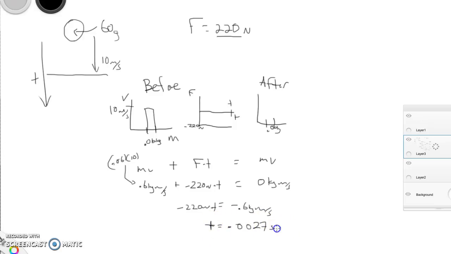So if an egg is in a collision that lasts longer than 0.0027 seconds, then it will survive. If that collision that the egg experiences lasts less than that time, it will break because it will experience more than this average force. Now, this would probably be different depending on the eggs, but this would be kind of like an average value.